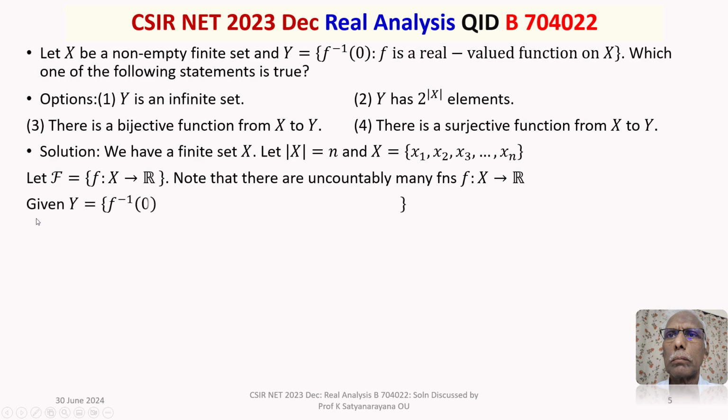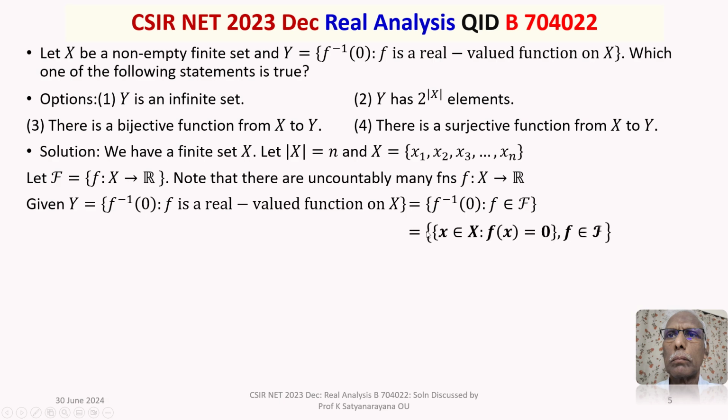Agreed. Given Y is equal to F inverse 0, F is a real valued function on X. That means F belongs to capital script F. This is, in other words, the set consisting of the set of all x belongs to X such that f of x is equal to 0, where f belongs to script F. So you take such functions coming from the script F such that f of x is 0.